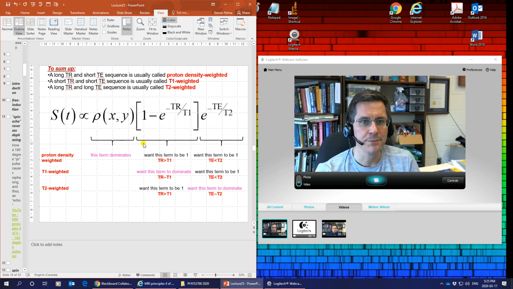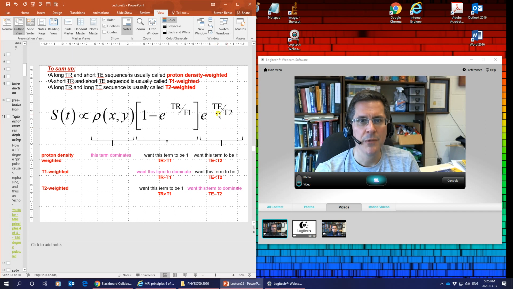That term's going to be dominated by this rho, the density in X and Y. So if I want this term to give me a measurement, I need this term to be 1, and I need this term to be 1. So it's 1 times the density. If I want this term to be 1, I need TR to be much bigger than T1, which makes this e to the negative something big, which is 0. 1 minus 0 is 1.